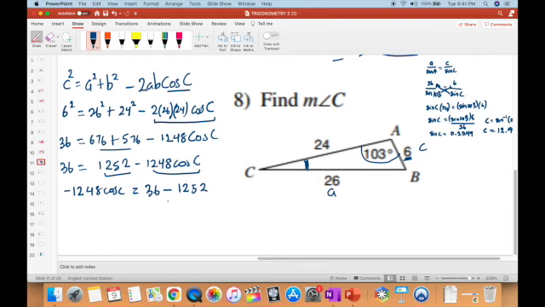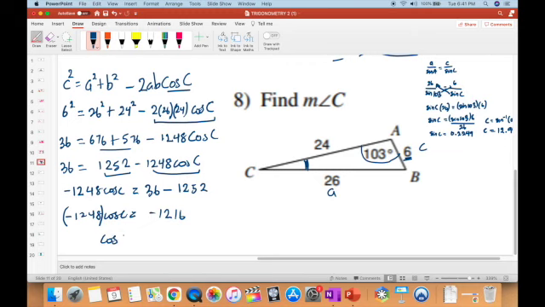So what is 36 minus 1252? It is negative 1216. So I have here negative 1248 cos C is equal to negative 1216. Now I could take this and bring it across.